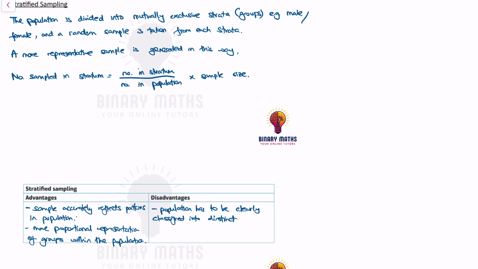That's how you spell distinct. And because obviously we still need to use a simple random sample within each strata, a sampling frame is still needed. So it still has the same disadvantage as a simple random sample. And also if the population size is really big, it's going to be really time consuming, it's going to be expensive and so on.